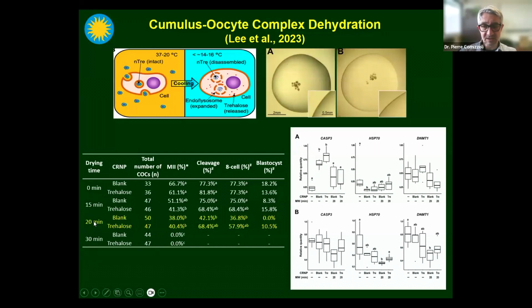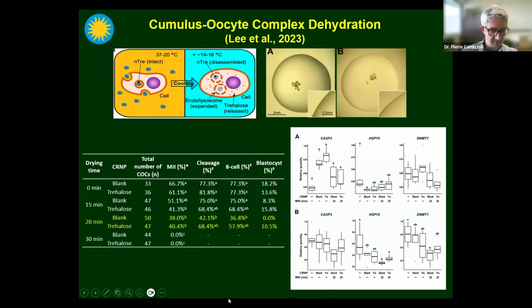Of course, as you can see here, the time points are not going as far as we can go with the germinal vesicle. 20 minutes is not removing enough water to be consistent with storage at ambient temperature, but this is already a first interesting step. And we also looked at multiple types of gene expression in those cumulus oocyte complexes after reanimation.